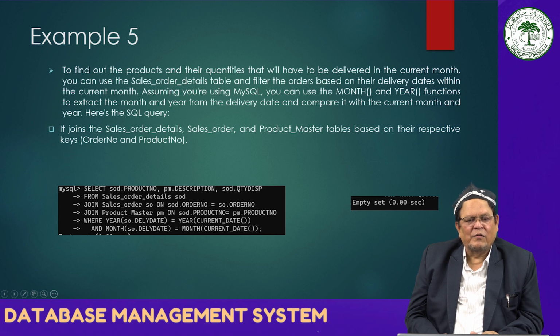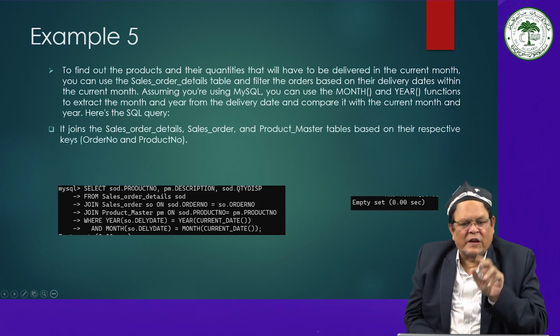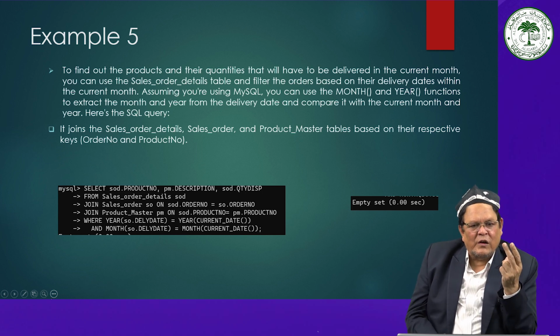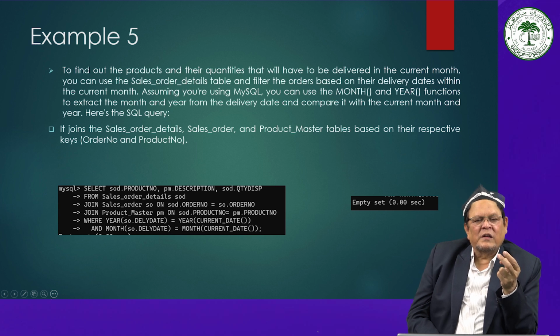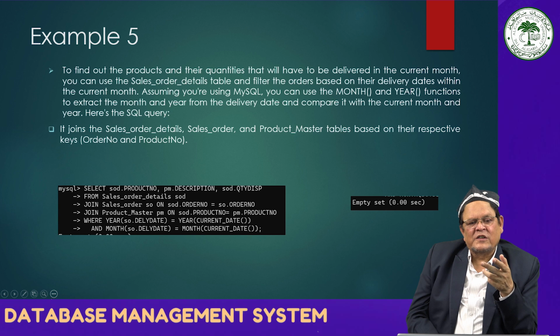So here I want three things. From sales order details SOD, then here you have to join only two tables, one is sales order and the next is product master.